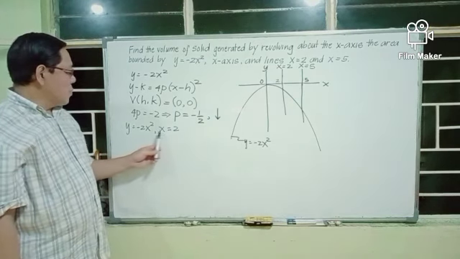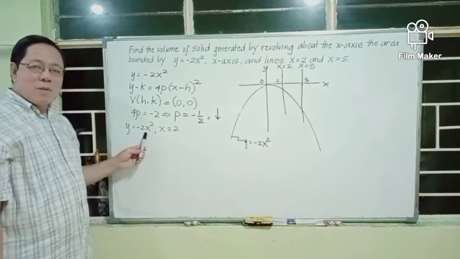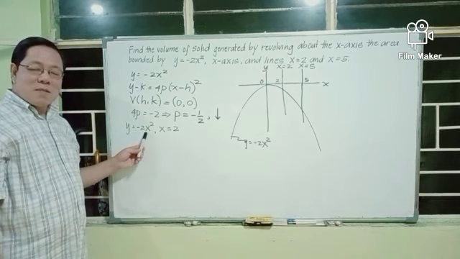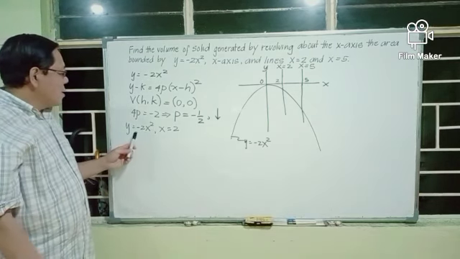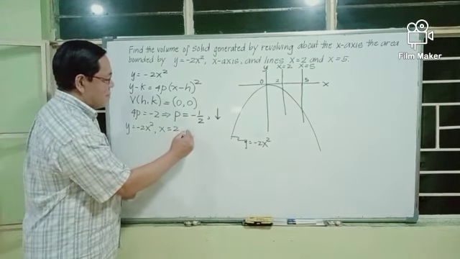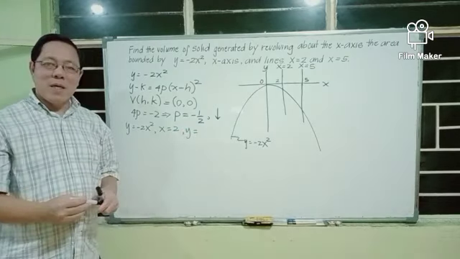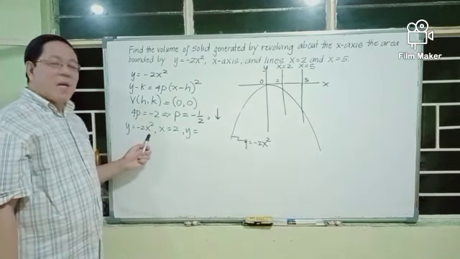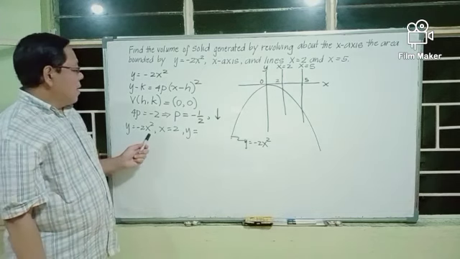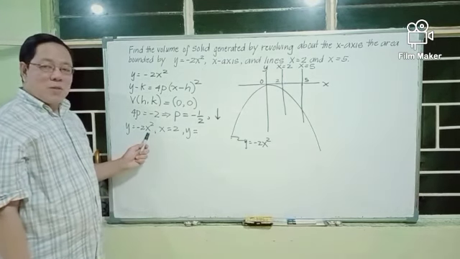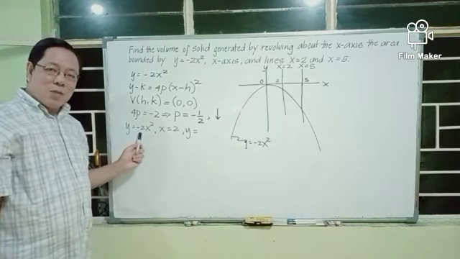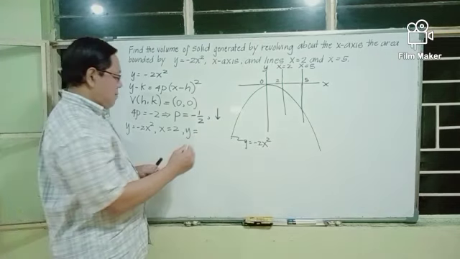When x is 2, substitute 2 for x in this equation of the parabola, you get y equals negative 2 multiplied by 2 squared. And x is 2, 2 squared is 4 multiplied by minus 2, you get minus 8.